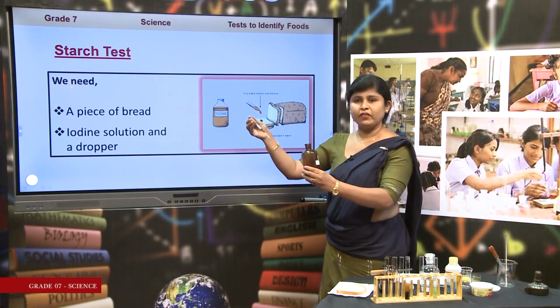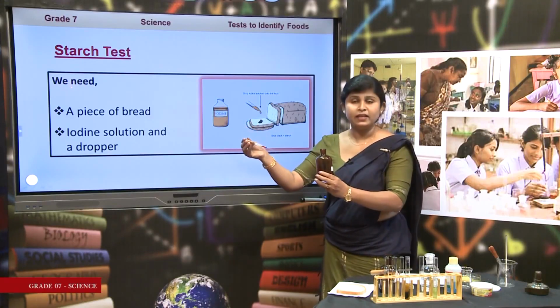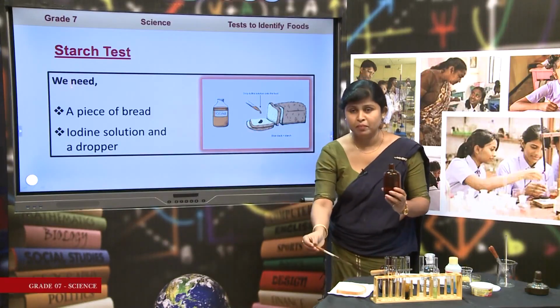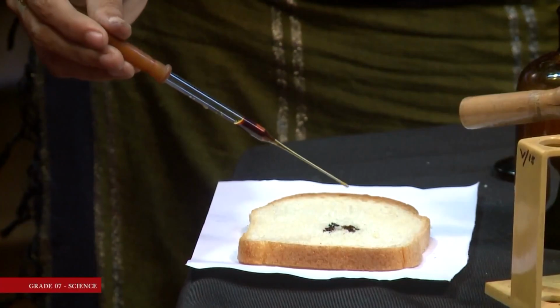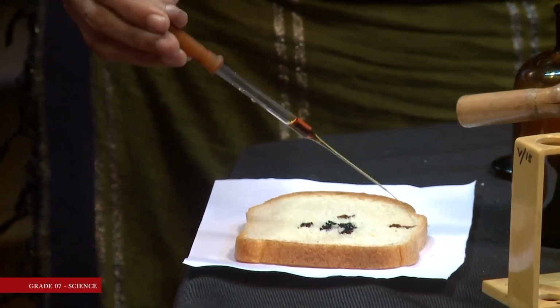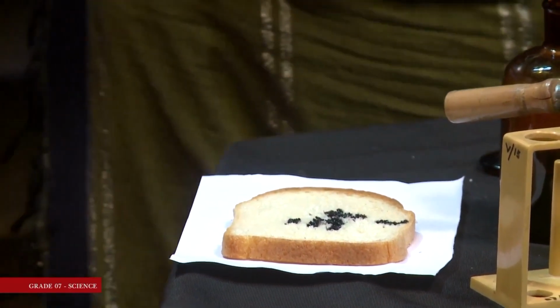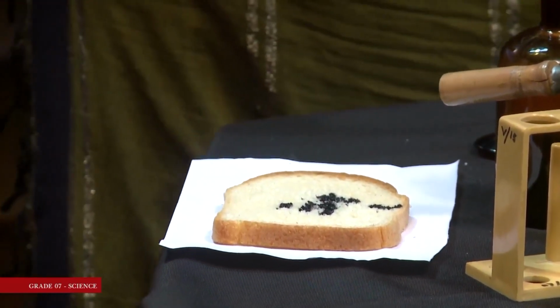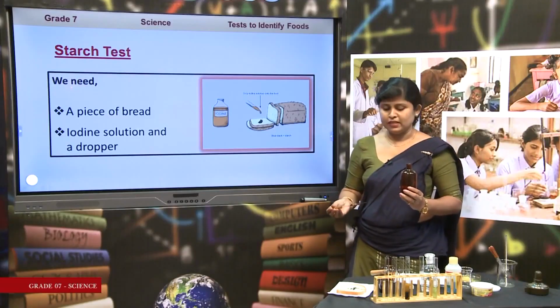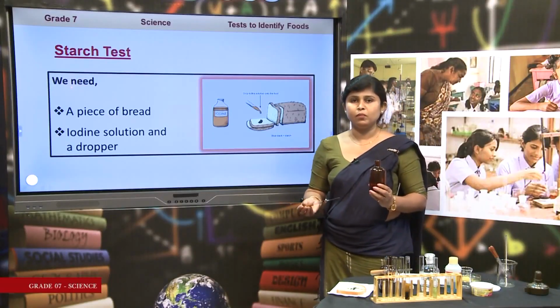Right. I have taken a drop of iodine and it is put onto the piece of bread in this way. Yes, the observation is very clear, I think. What can you observe? You can observe a purple blue color. What is your observation? Yes, you can observe a purple blue color.